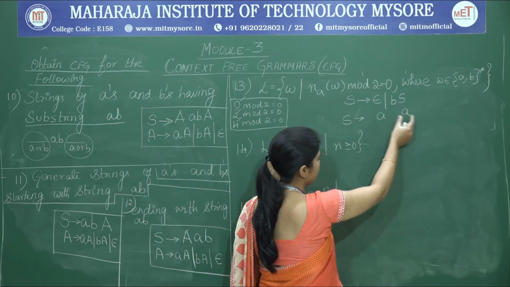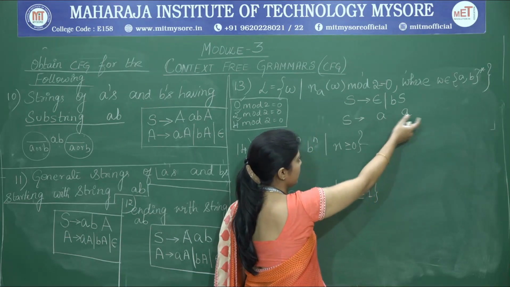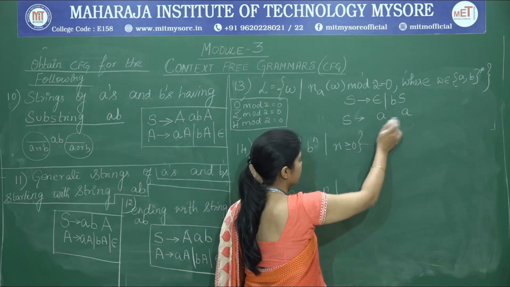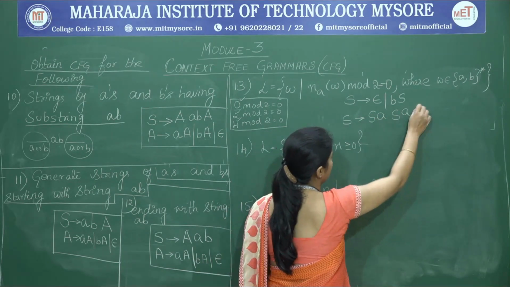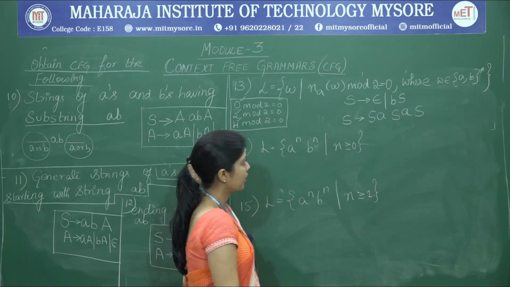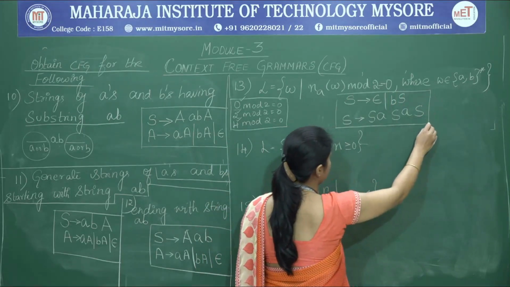So this A has to come, this A has to come, and we may have any number of B's in between these A's also. So which is the variable that is generating B's in between these two A's? S is the variable that is actually generating any number of B's. Okay. So this is how we generate the rules for the grammar.